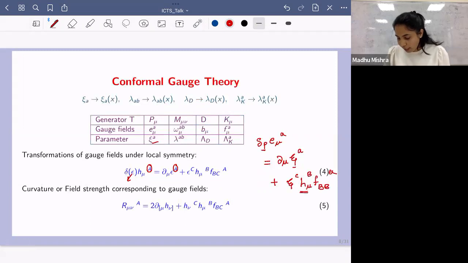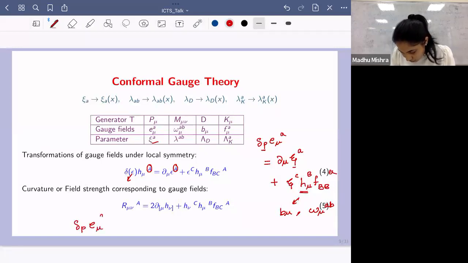So the h_mu^B can be either b_mu and it will be e_mu^AB also. So by finding the structure constants by looking at the algebra, we can finally write down the transformation of e_mu^A under local translation as this.